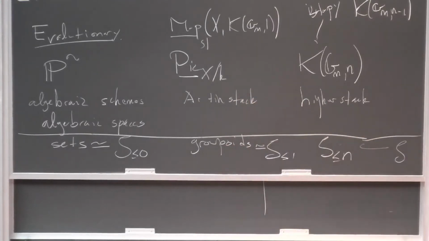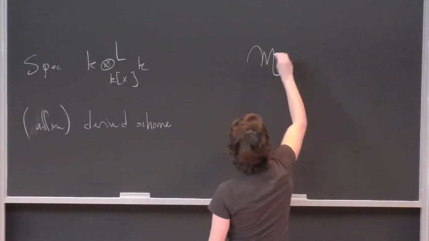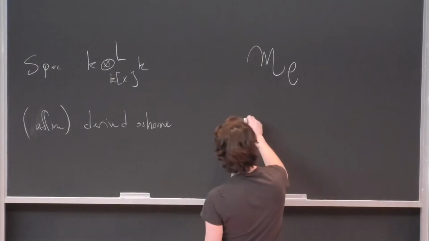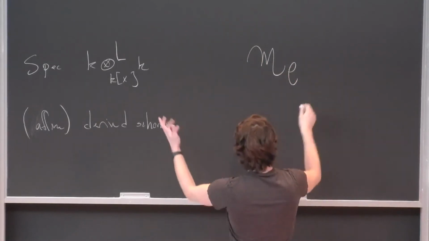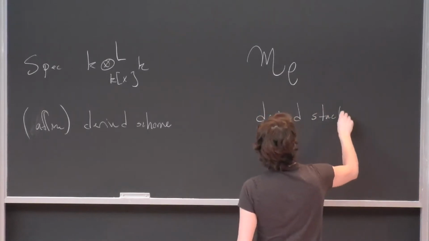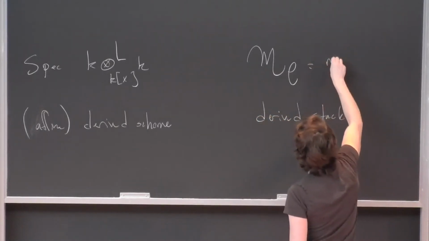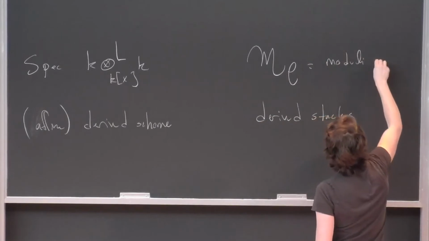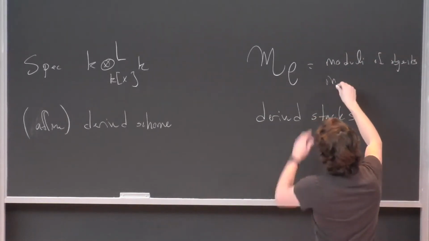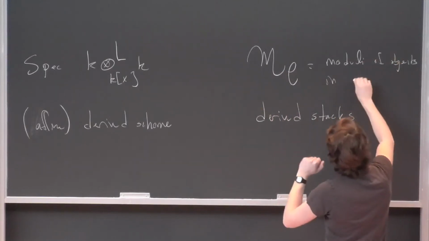And then in the end, we get, and this is going to be the subject of the next lecture, the large world of derived stacks. And so I wrote down a representative object. This is the moduli of objects in C. Let's just say it's a DG category.